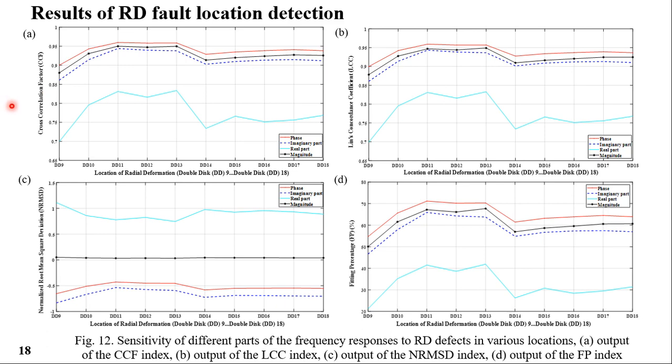As you can see, regarding each statistical index, the magnitude part of the frequency response is less sensitive than the others, and also you can see the real part of the frequency responses is much more sensitive than the others if you take a look at the locations of the RD defects.